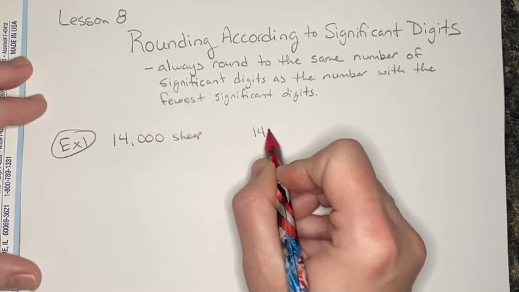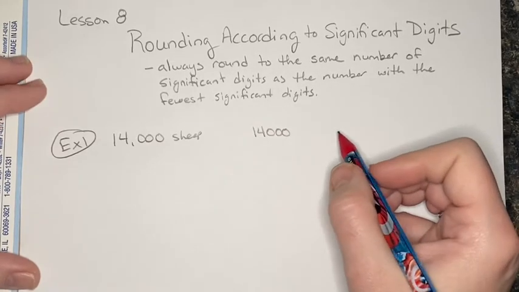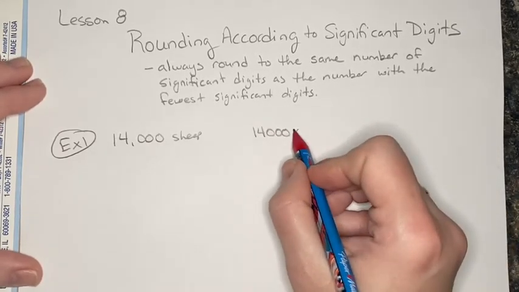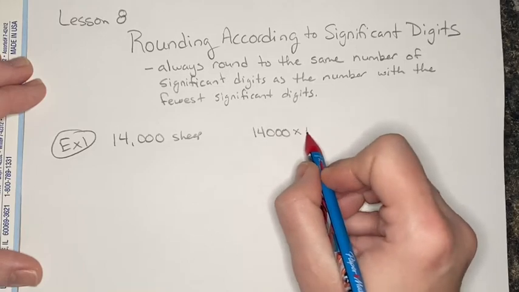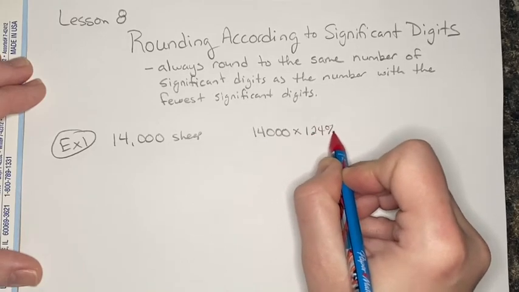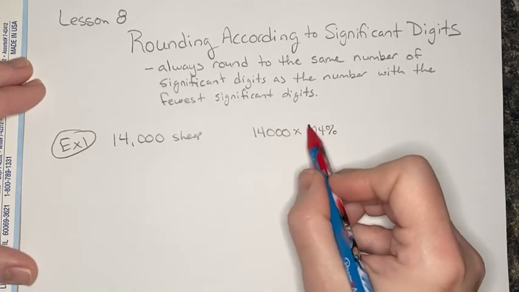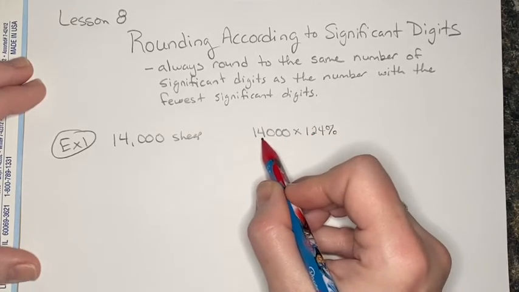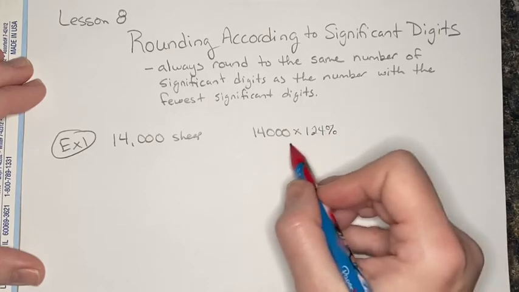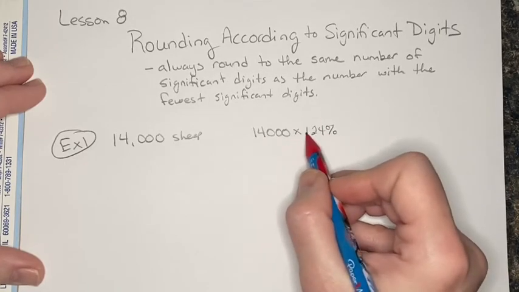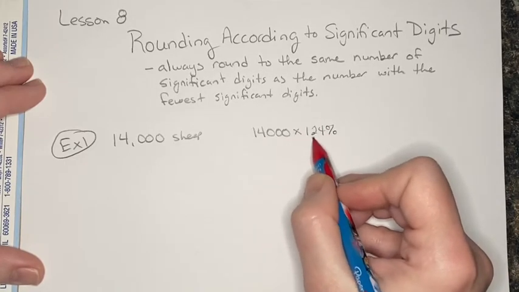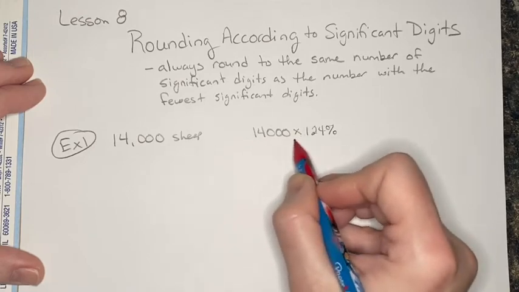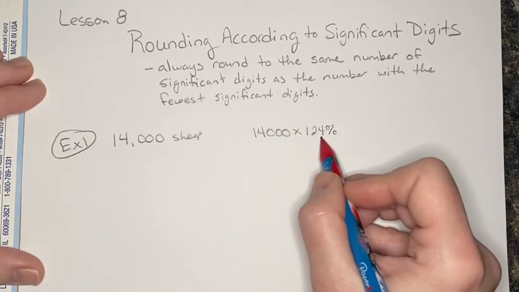And his flock increased 24%. So we're going to multiply that by 124%, because if we remember, when we multiply by 100%, we get our starting number again. Okay, so we want our 14,000 plus the 24%. So we want to multiply by 124% because that will give us our starting number plus the extra 24%.